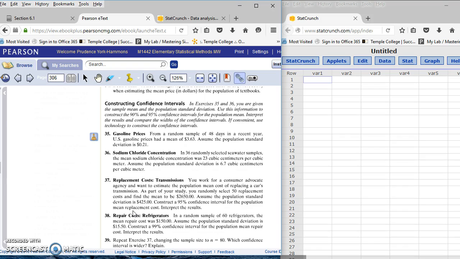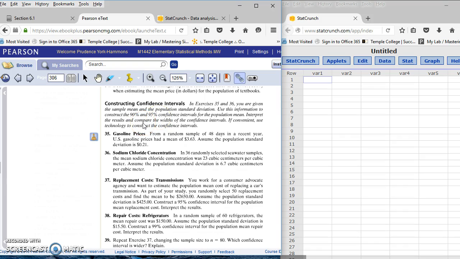So now I'd like to look at problem number 36, sodium chloride concentration. In 36 randomly selected seawater samples, the mean sodium chloride concentration was 23 cubic centimeters per cubic meter. Assume the population standard deviation is 6.7 cubic centimeters per cubic meter. We're to find a confidence interval for a 90% confidence and 95% confidence level.